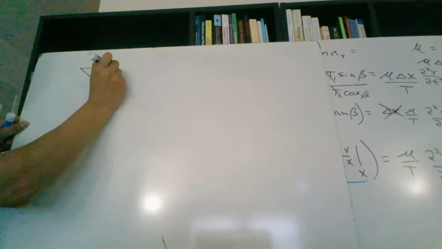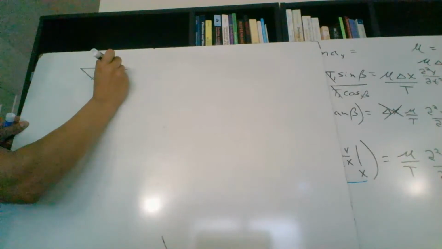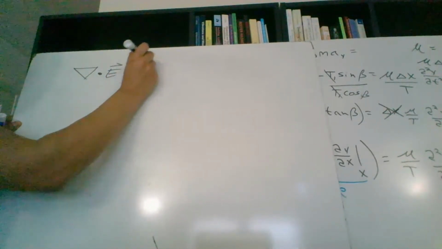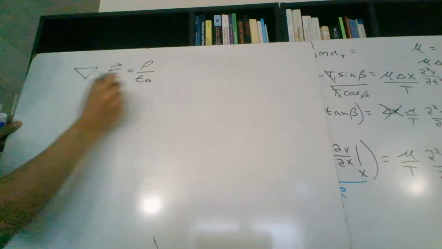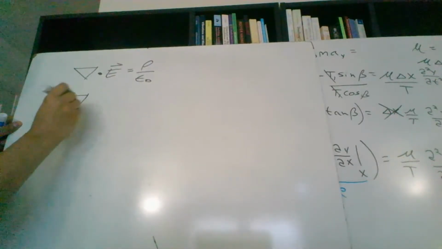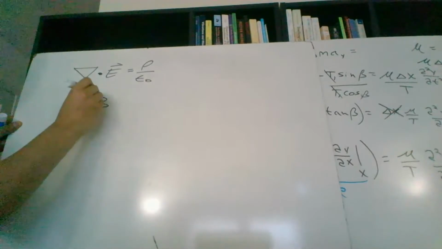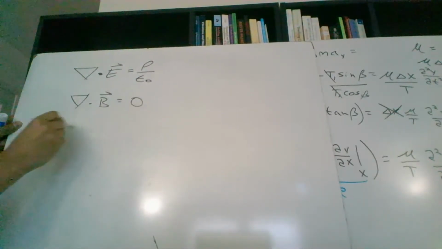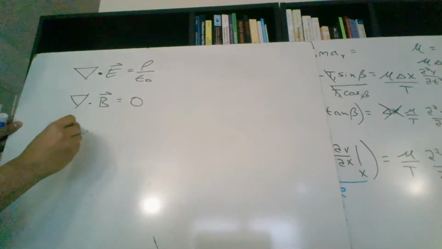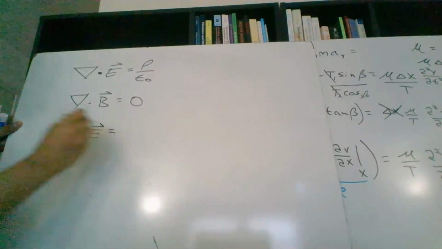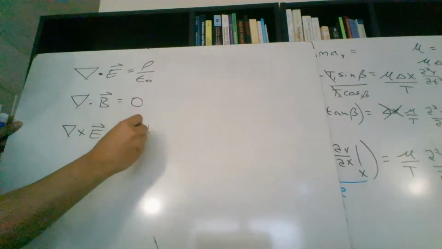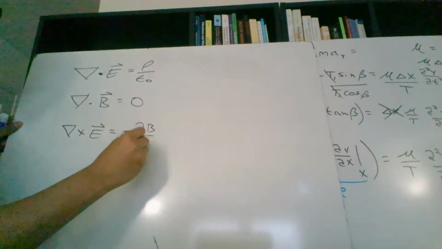Del operator dotted with the electric field is equal to rho over epsilon naught. We have the other equation, and that's written as 0. And then we have the del operator cross the electric field, and that's equal to negative the change in the magnetic field over dt.